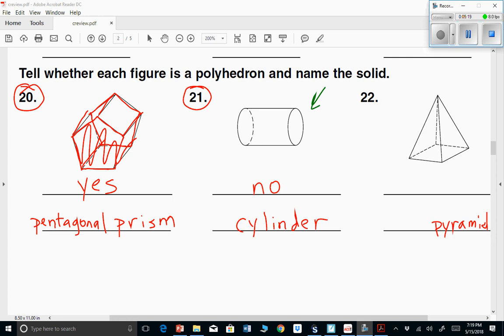Pyramids are named for their bases, and we don't really know if this is a rectangle or a square, but it looks like a square to me. So we're going to call that a square pyramid. And there are no rounded surfaces, all the faces are flat, and so this is a polyhedron.